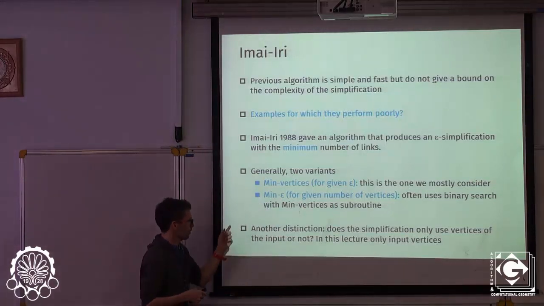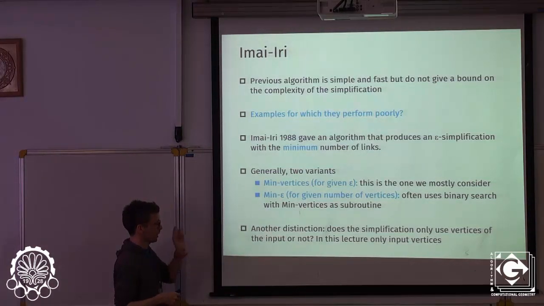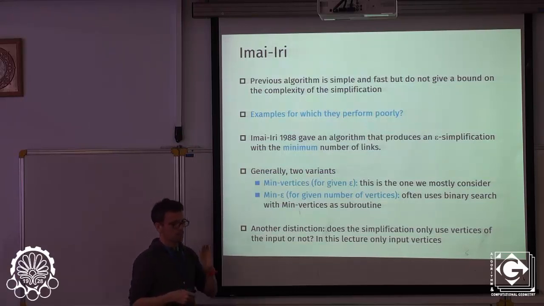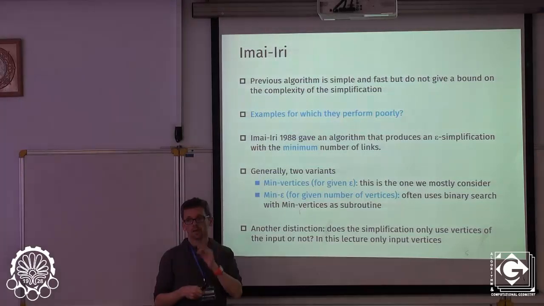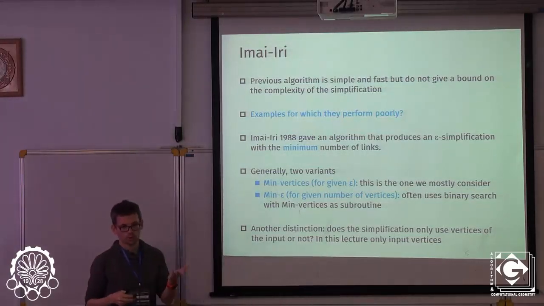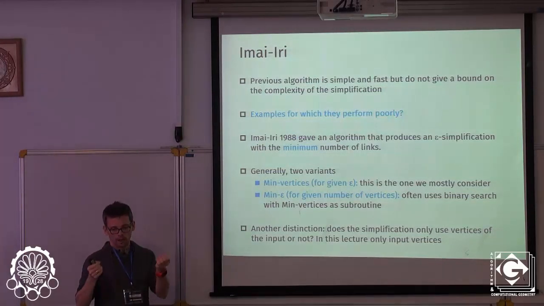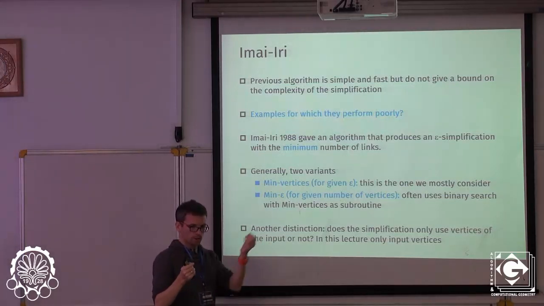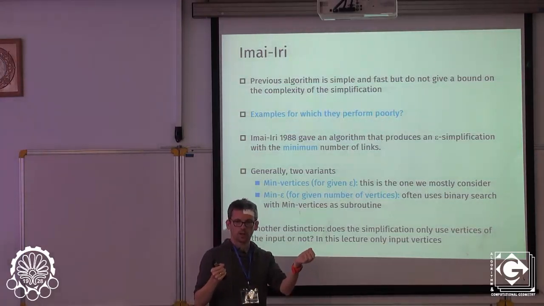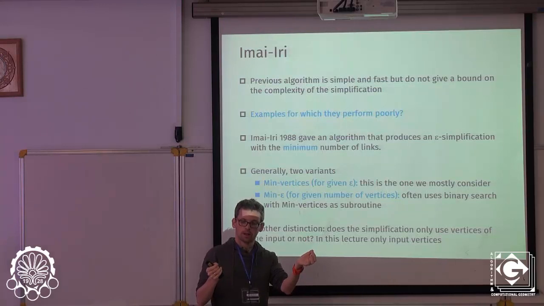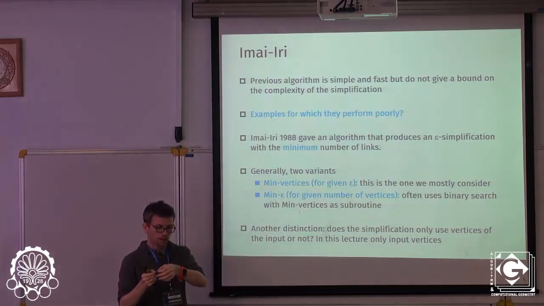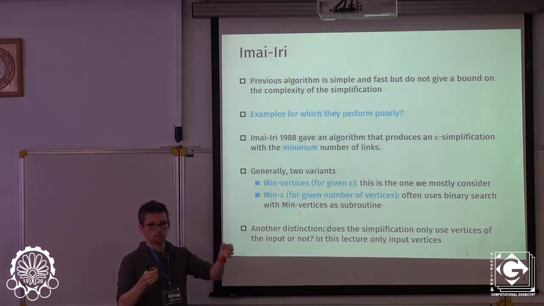For nearly all of the time, I will be focusing on the case where the vertices are part of the input. And then the most natural setting is that if I have two consecutive vertices in my simplification, they should also represent the part of the original trajectory that is between those two vertices.